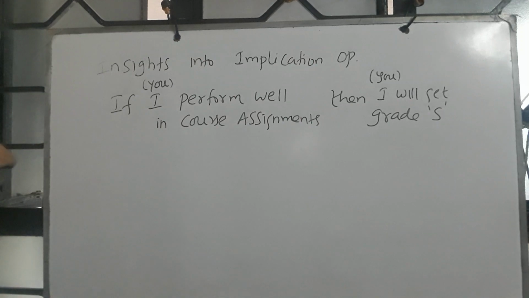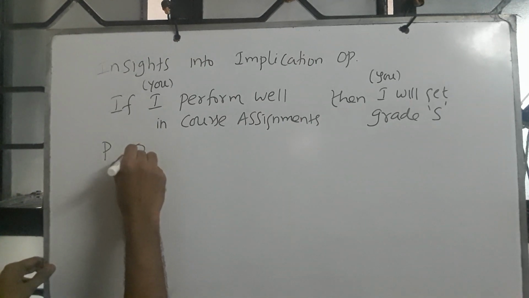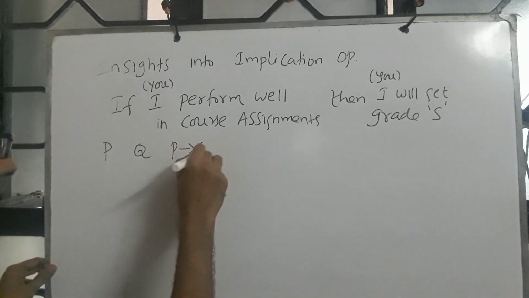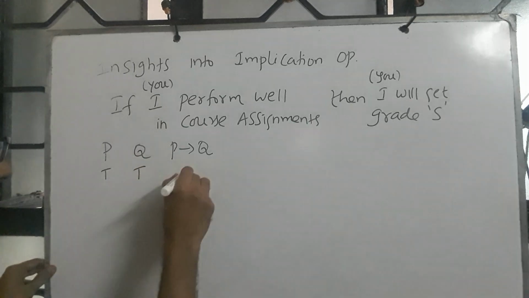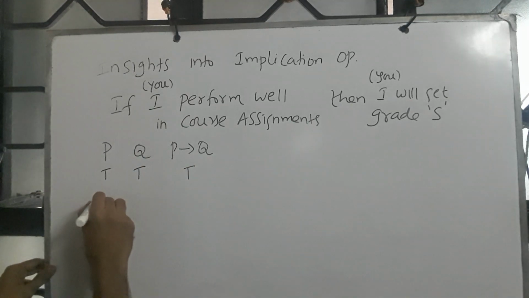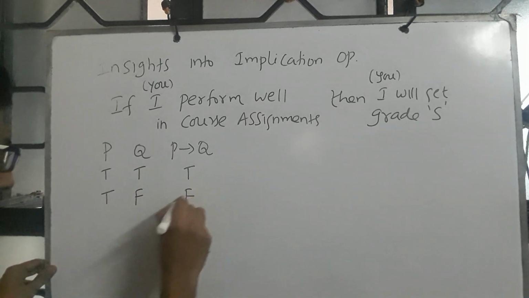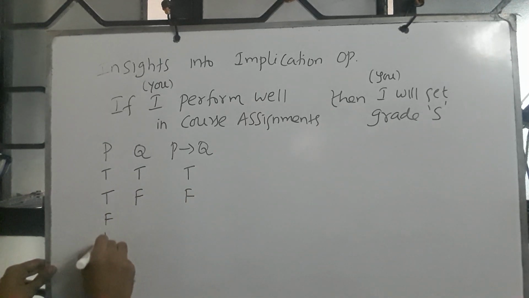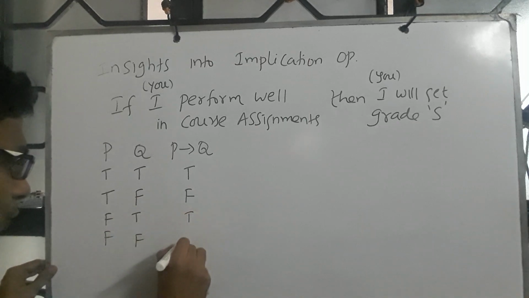And we have seen that the conditional statement P imply Q takes the value false when the premise is true and the conclusion is false. In all other cases, it is true.